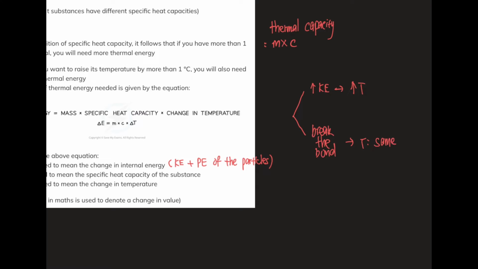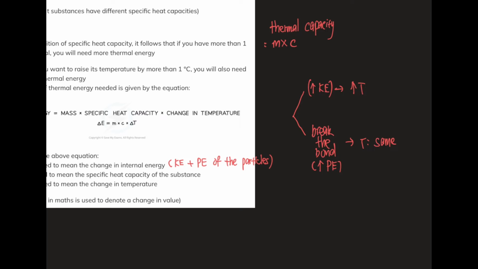Since we are now talking about internal energy, it's good to take it in this way. When thermal energy is supplied, the substance can use it to increase the kinetic energy, or it can use it to break the bond. Breaking the bond means increasing the potential energy.